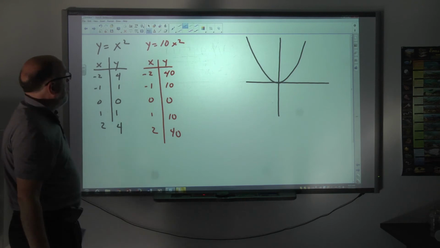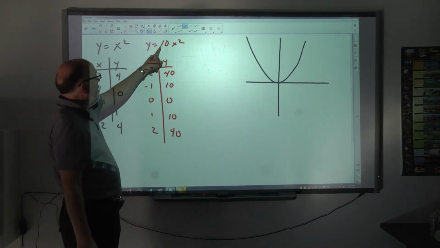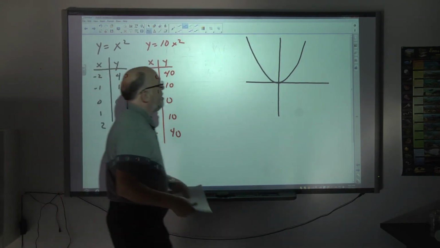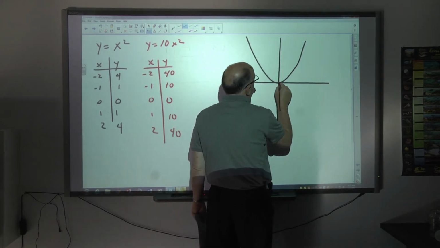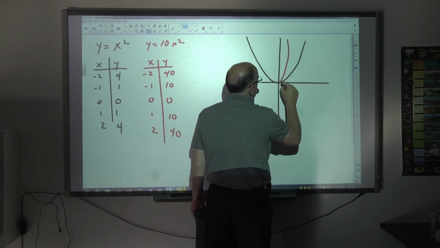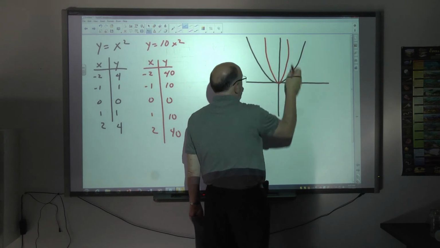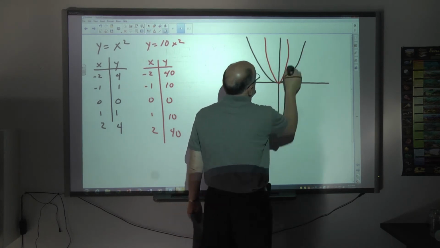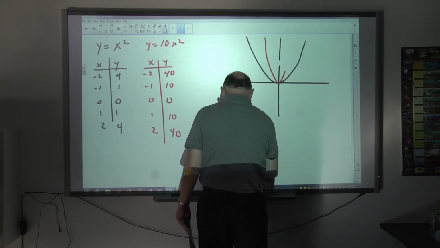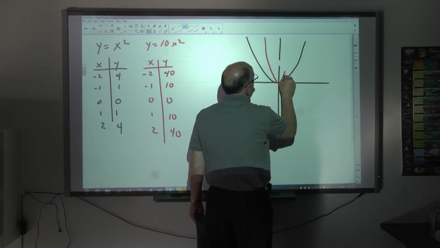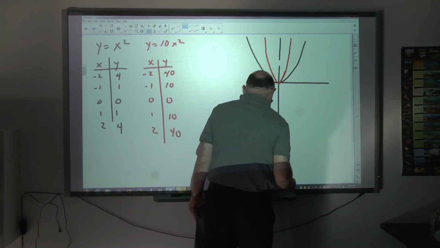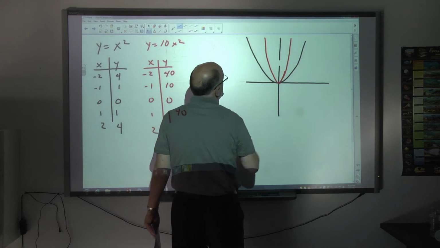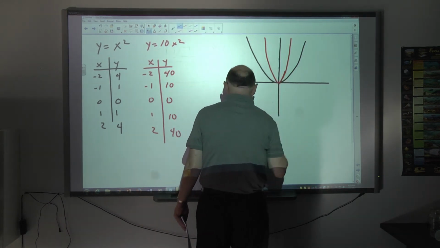Since this number is greater than 1, it makes our graph skinnier. So multiplying by a number greater than 1 makes the quadratic curve skinnier.